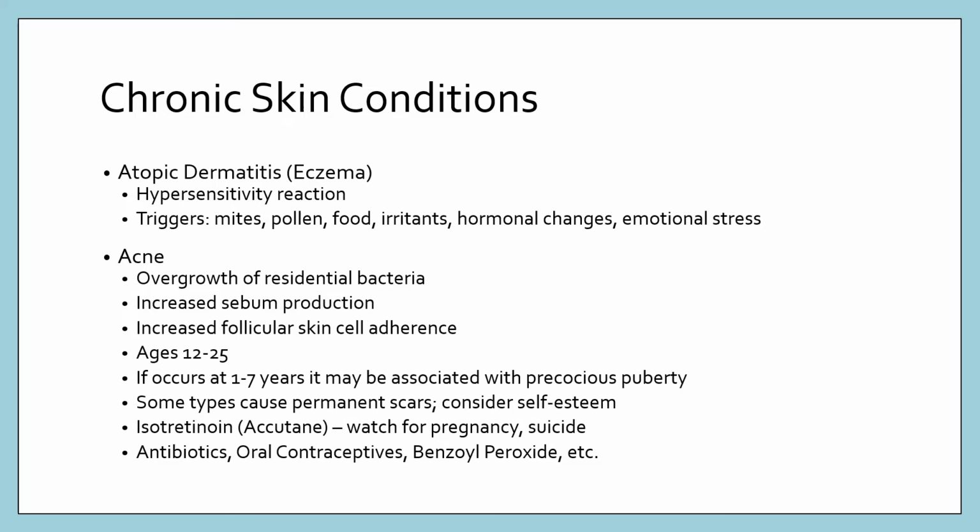There are lots of different types of acne, but they don't all form scars. There's one kind that forms permanent scars, and that's one of the kinds we're most concerned about with kids, because those permanent scars can be lifelong.